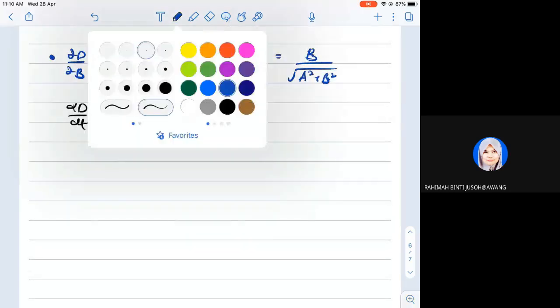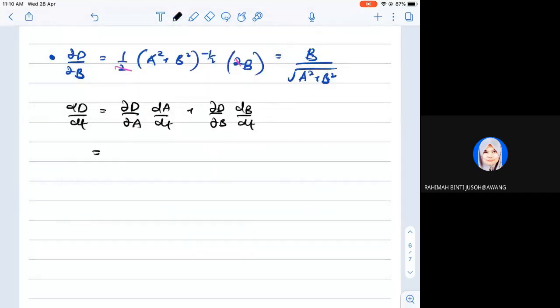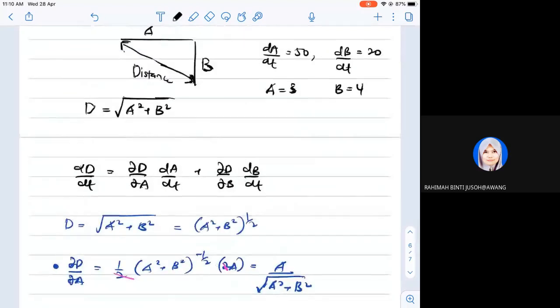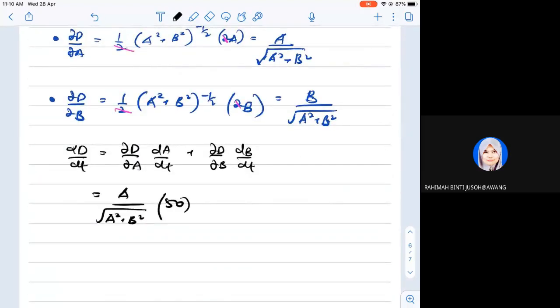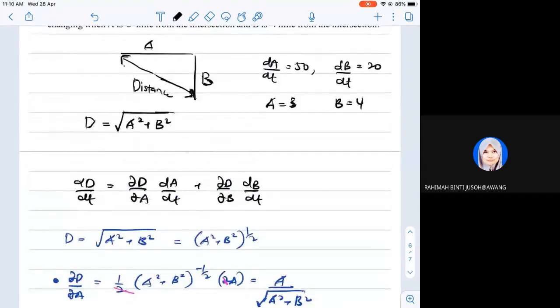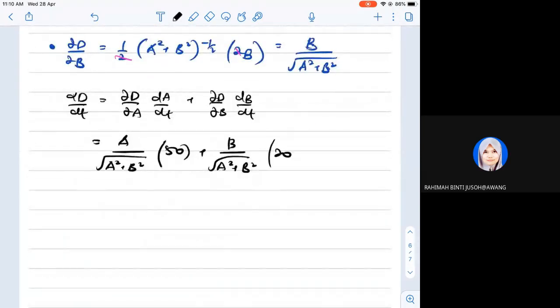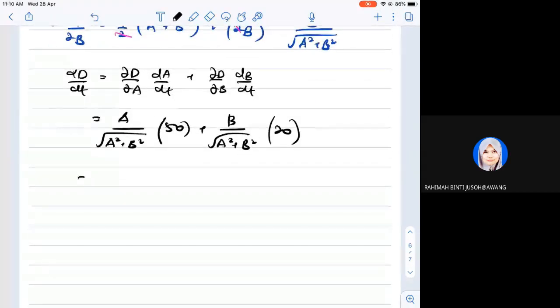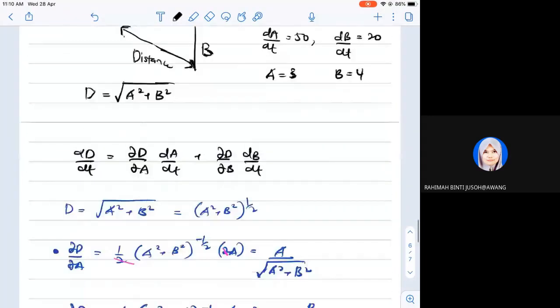So dia akan jadi samalah dengan A over A squared plus B squared multiply with dA over dt. Berapa tadi? 50. Tambah B over A squared plus B squared multiply with 20. Okay, so A berapa? 3.